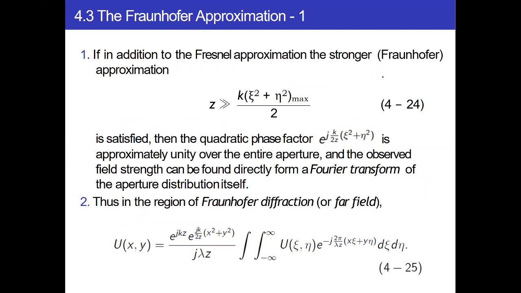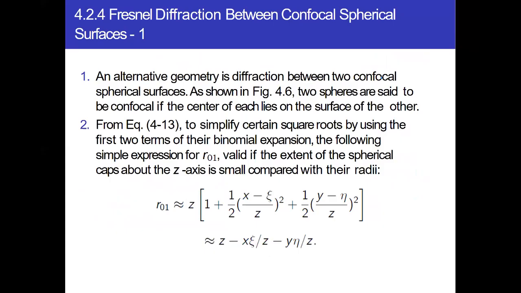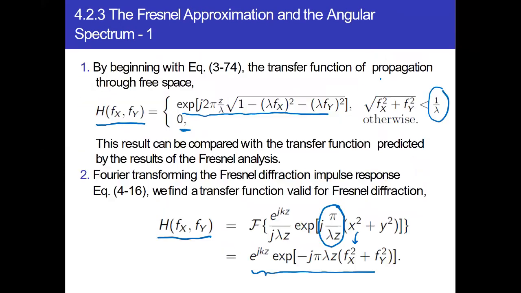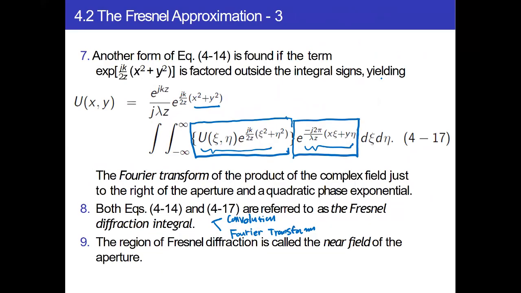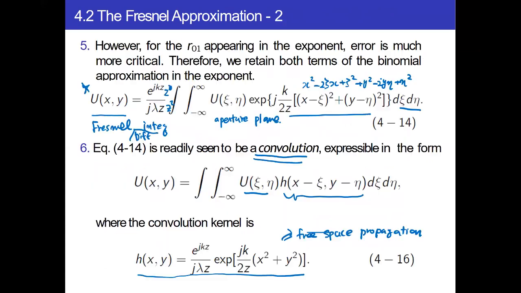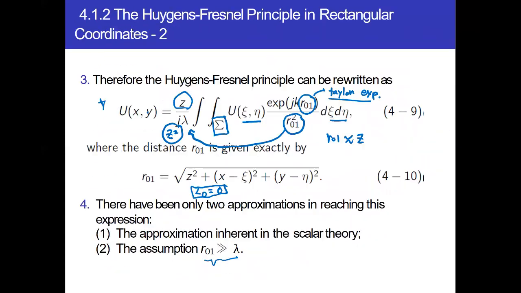So now let us think about the next consequences. The most important approximation we have in the case of Fresnel diffraction was, so remember that this was the Huygens-Fresnel expression, the Fresnel principle integral.